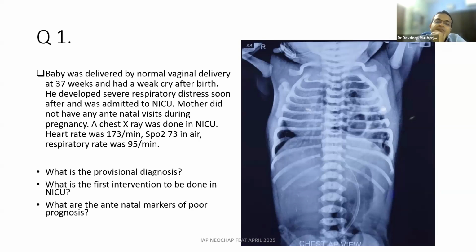And even for the first intervention, you need to say where exactly you want to do it, in the delivery room or in the NICU. And even for the antenatal markers, if you're writing liver, you have to be very specific. What do you mean by liver? So take your time, write proper sentences to complete your answers.